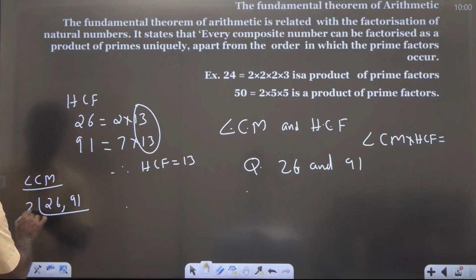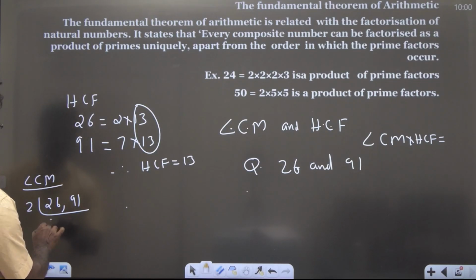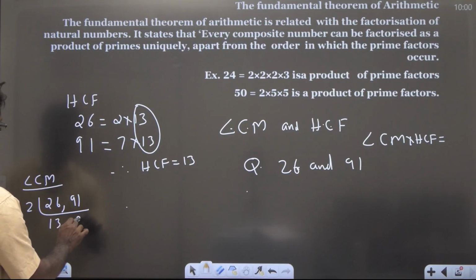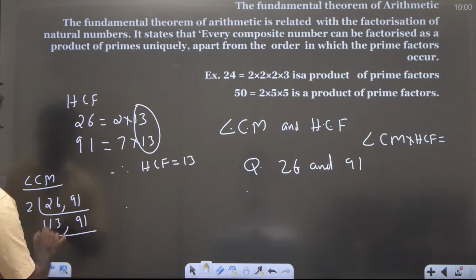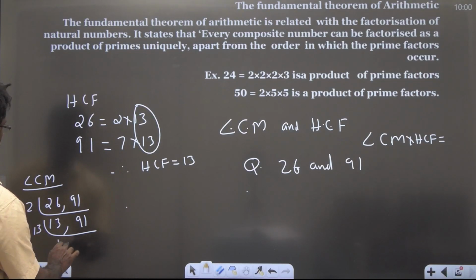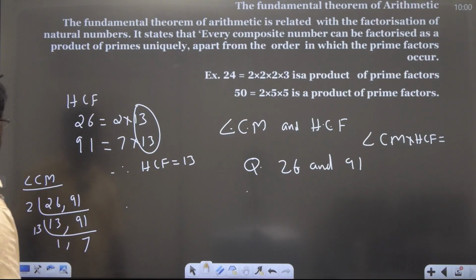We can divide with 13: 26 gives 2, and 91 gives 7.